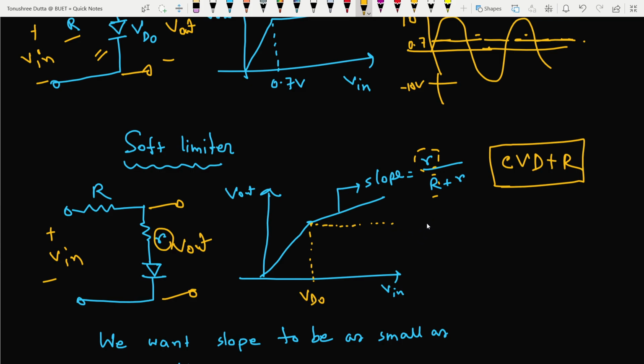We need this slope to be as small as possible, because the lower the slope, the more similar it becomes to a hard limiter. We also want a constant valued output.